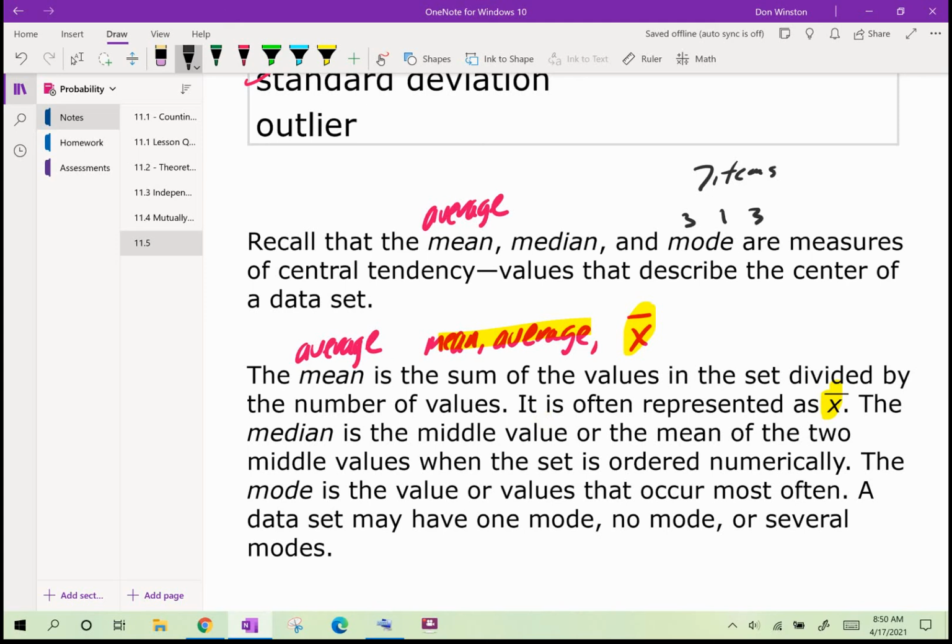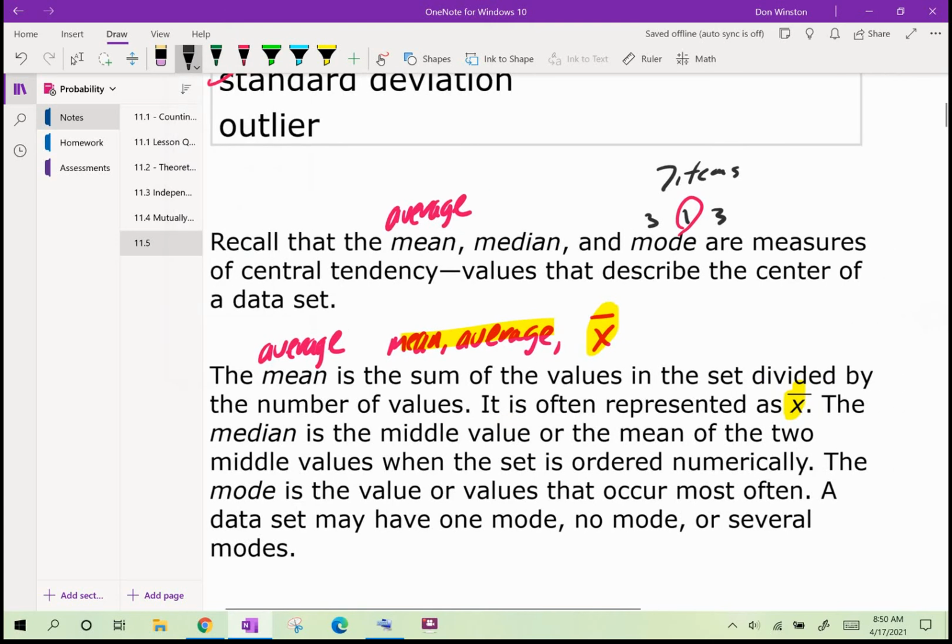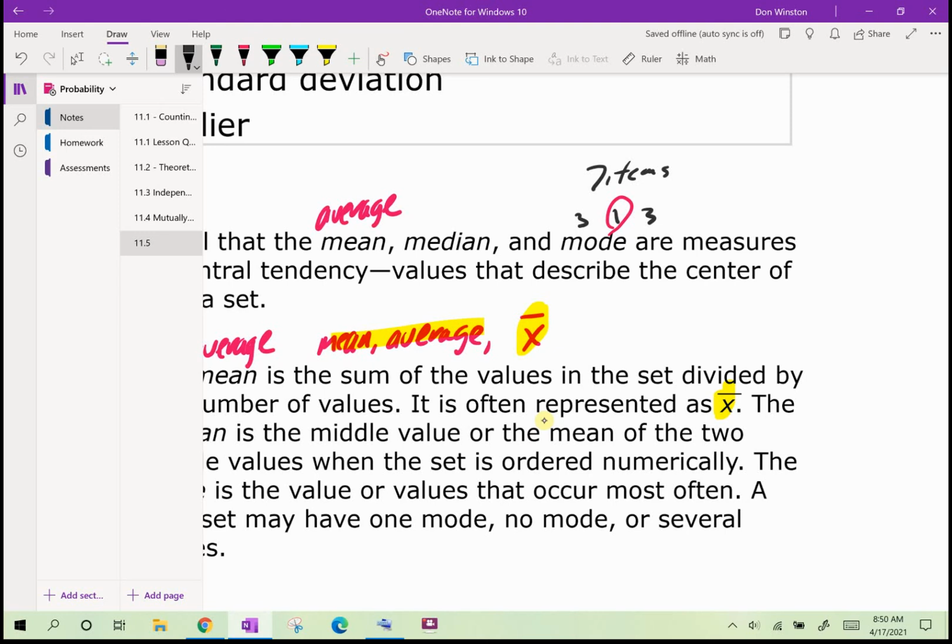So that's for an odd data set. But if you have an even data set, for example 8 items, you have 4 items on one side and 4 items on the other side. For the median, you'd have to average the 2 right in the middle.